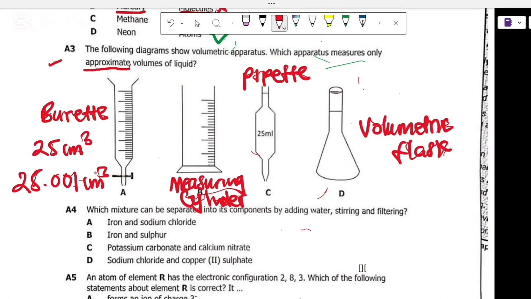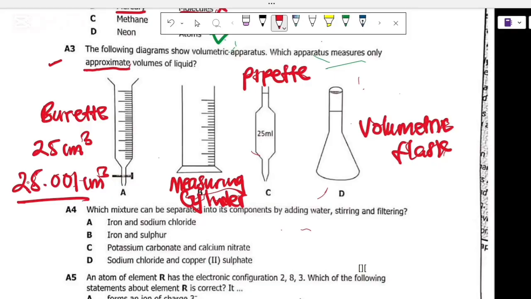So you have 2 numbers there. The measuring cylinder is marked in millimeters and centimeters, so 10 millimeters makes up 1 centimeter. You will never find any measuring cylinder that is able to measure accurately something like 25.001.